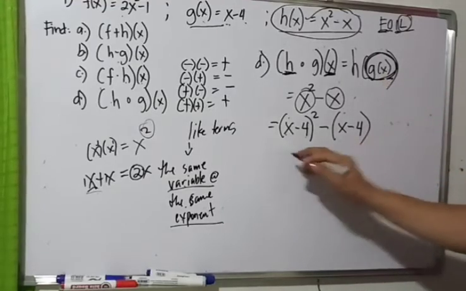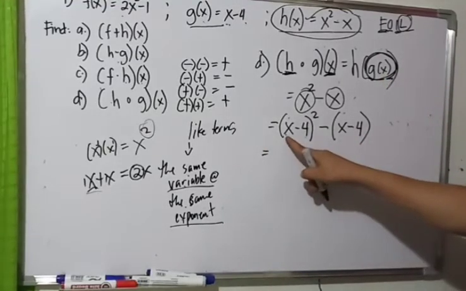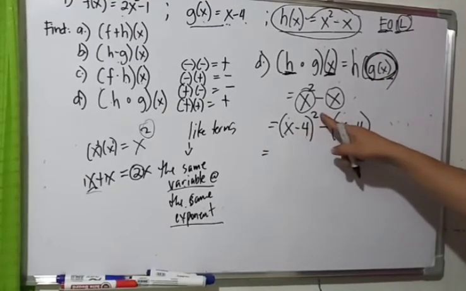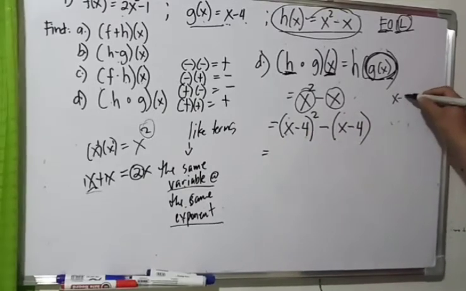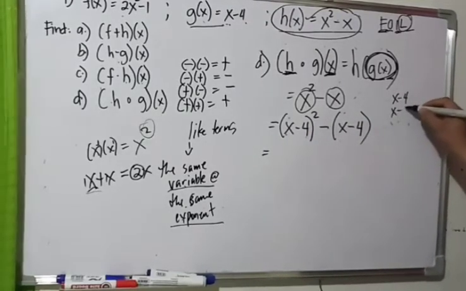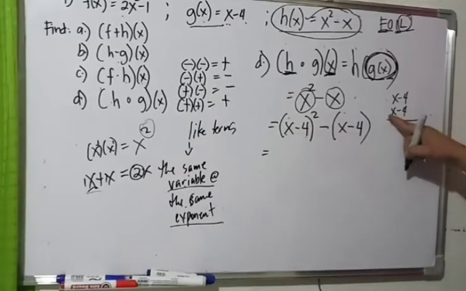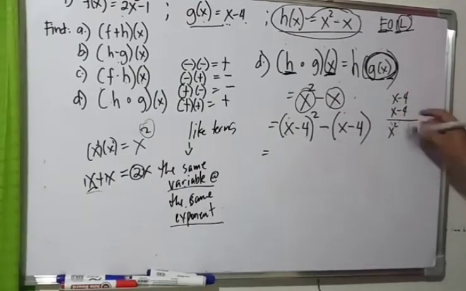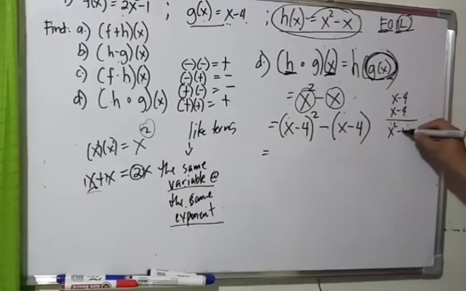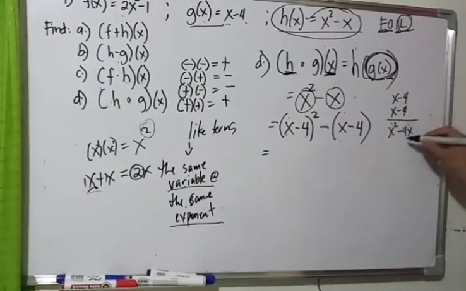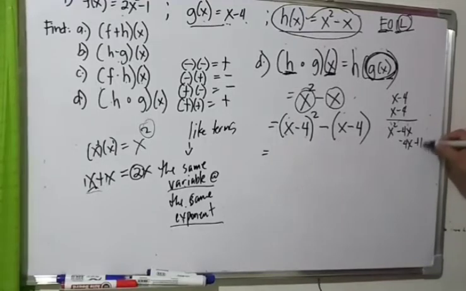Then, simplify X minus 4 raised to 2, meaning multiply mo yan kadalawa, multiply by itself. So X times X, X squared, then X times negative 4, negative 4X, then this one, negative 4X, then plus 16.